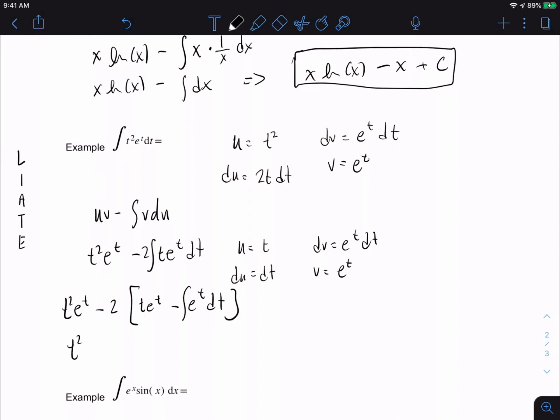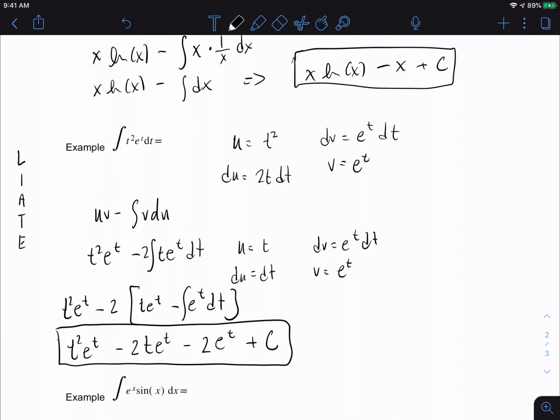So that's going to give me t squared e to the t minus 2t e to the t plus 2 e to the t plus some constant c. Now, something that should trip you out. It was the integral of t squared e to the t, and yet that's part of the answer. Isn't that weird?